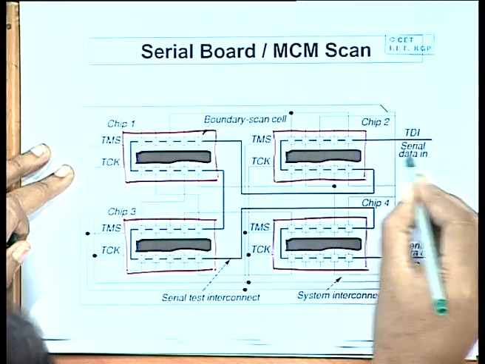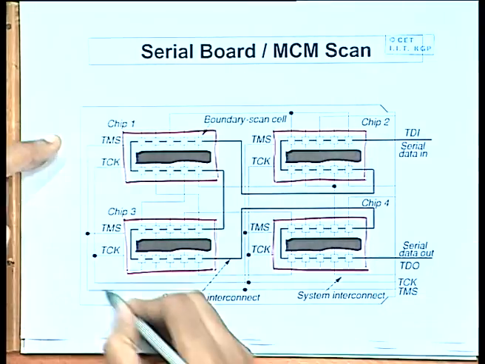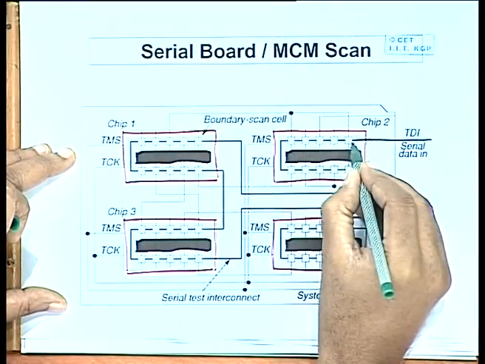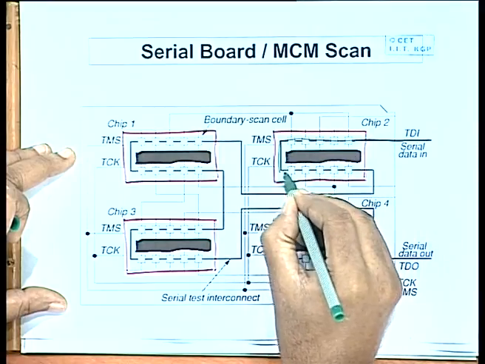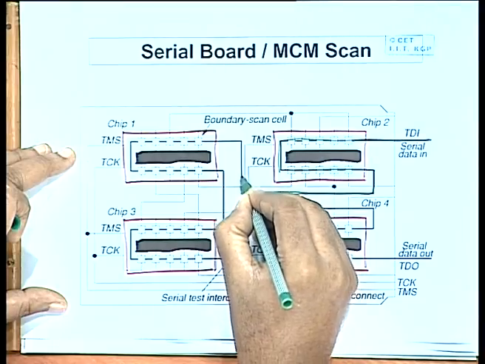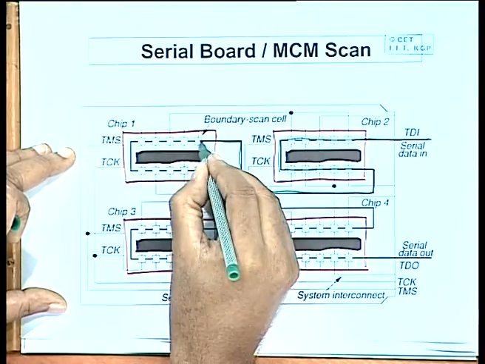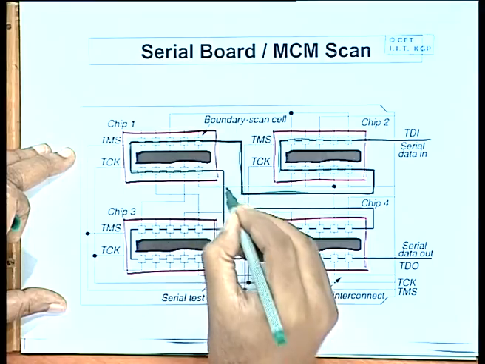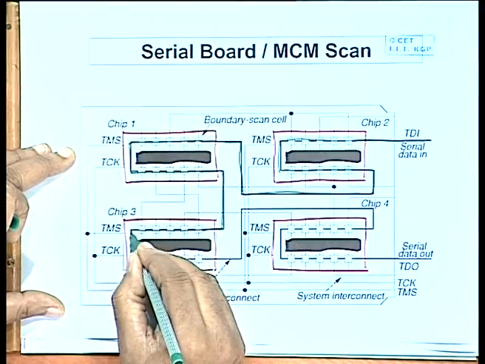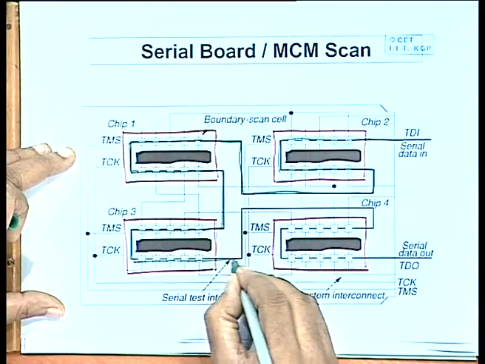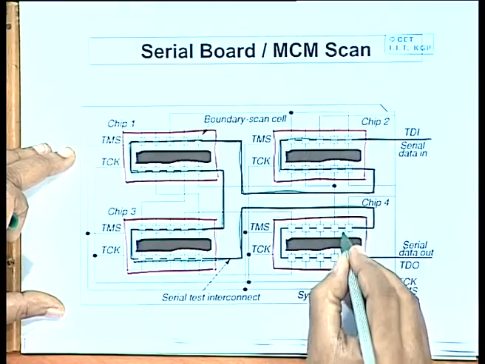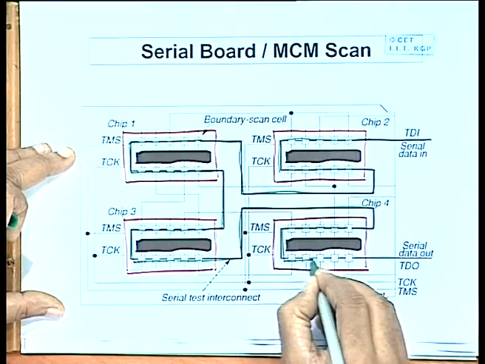The test data in, which is entering the printed circuit board, can go into the boundary scan register of this chip, come out of here, feed the TDI of the next chip, again come out of here, feed the TDI of the third chip, come out of here, and feed the TDI of the fourth chip and finally come out of here.